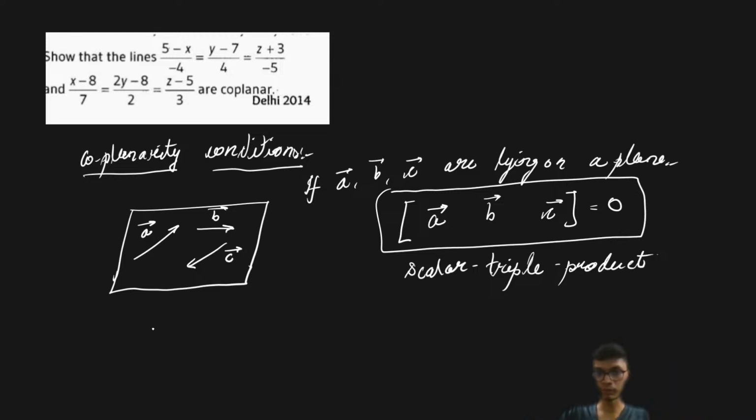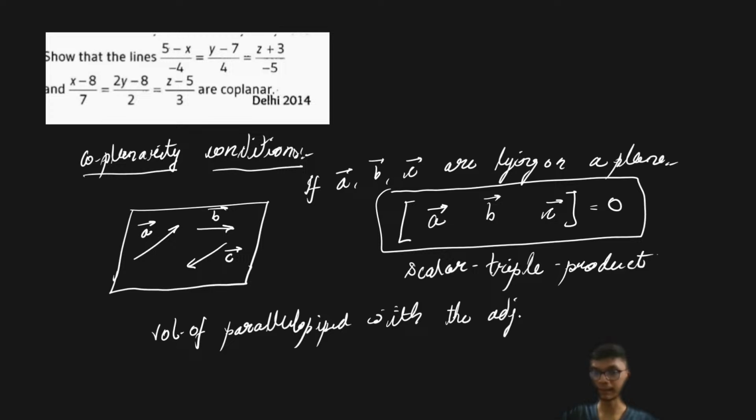Also, if you recall, what I was talking about is the volume of the parallelepiped with adjacent side vectors A vector, B vector, and C vector.